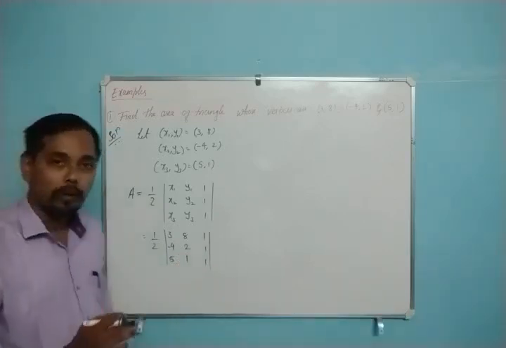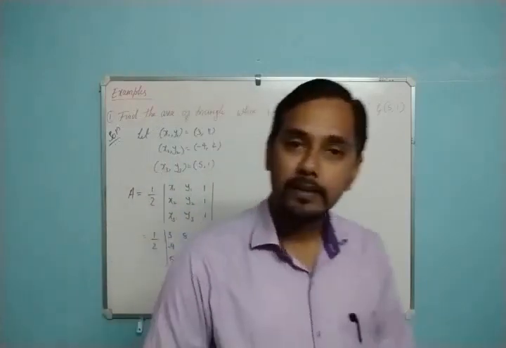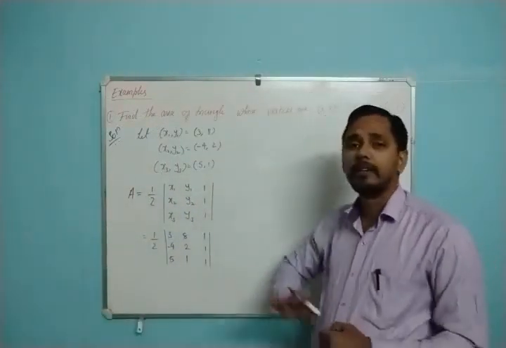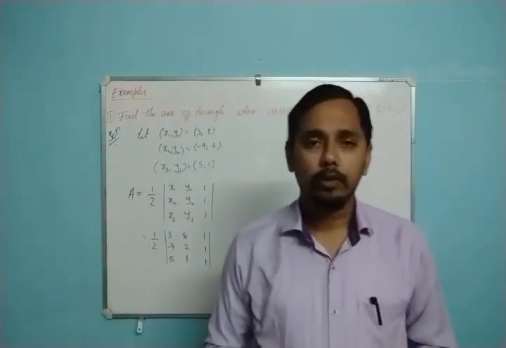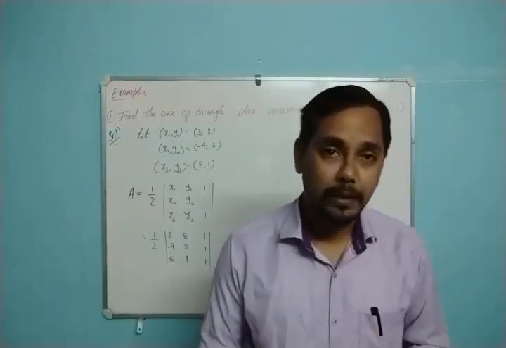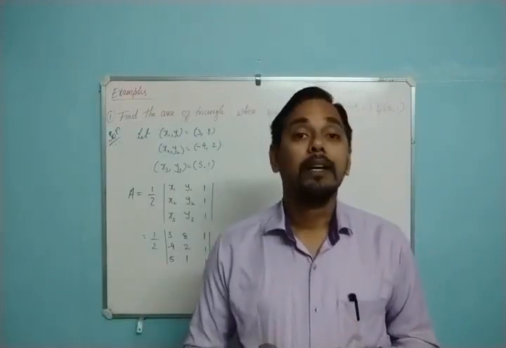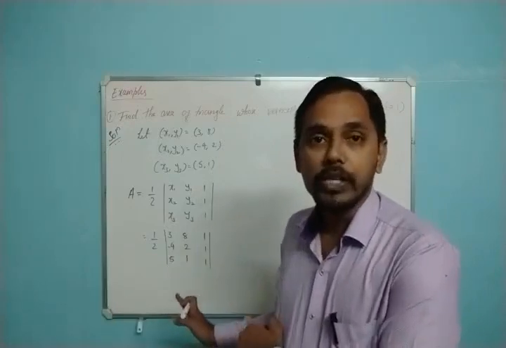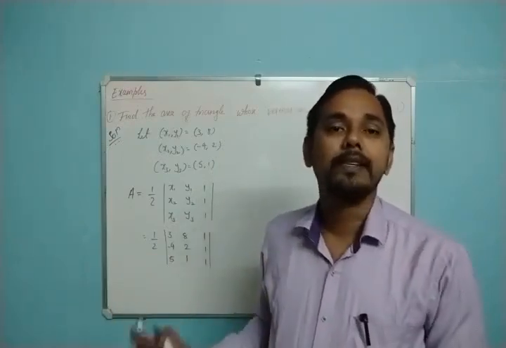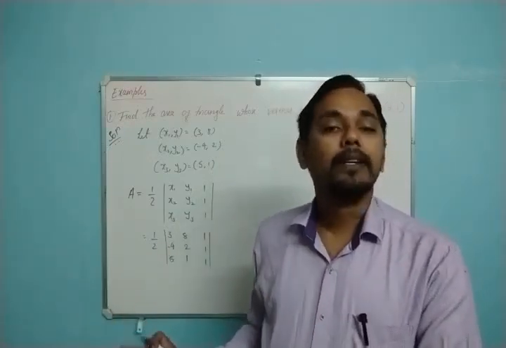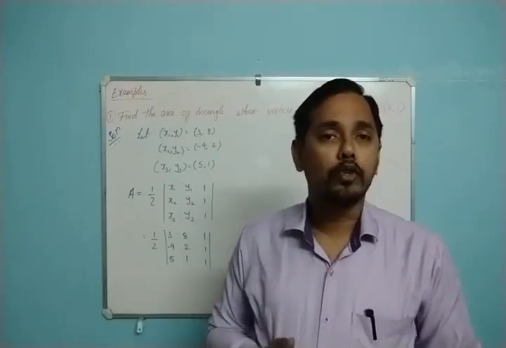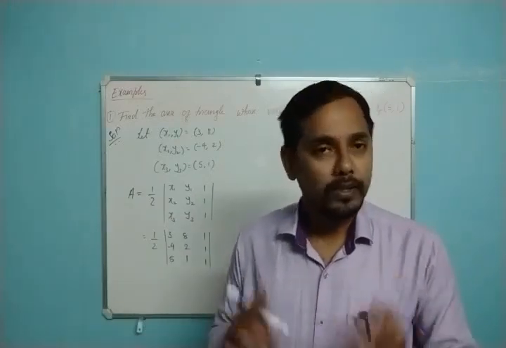Okay. So one more thing you have to remember. Sometimes when you calculate the determinant, due to some positive and negative values, you may get the determinant value as negative. But this is not just the determinant, this is the area of a triangle. Area is always a positive quantity.